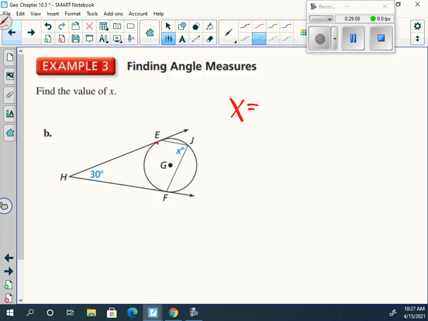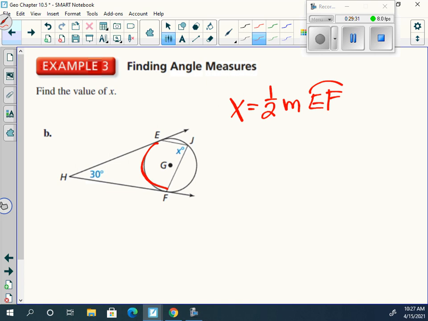So it's equal to half the measure of arc EF. Because whatever that arc is, it's half of it. Would we agree with that? Because we covered inscribed angles, they're equal to half the measure of their given arc.